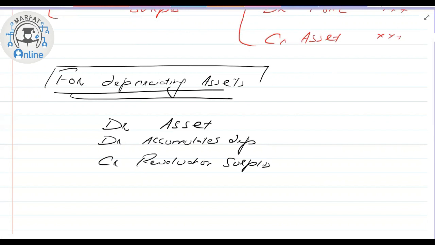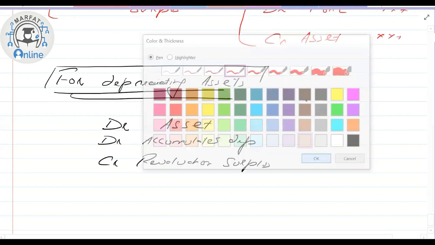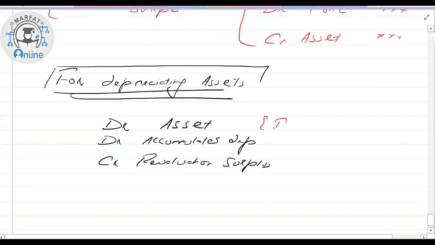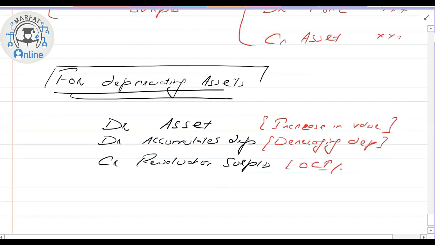Now debit asset is actually the increase in value. Debit accumulated depreciation means we are de-recognizing depreciation, and credit revaluation surplus, that means other components of equity, other comprehensive income and equity.